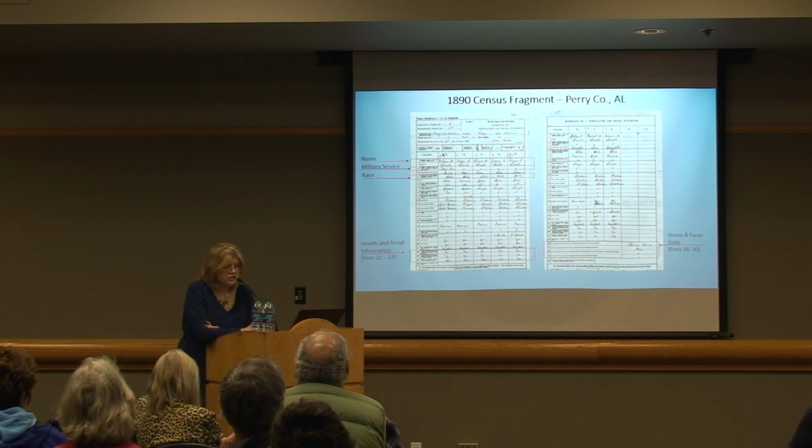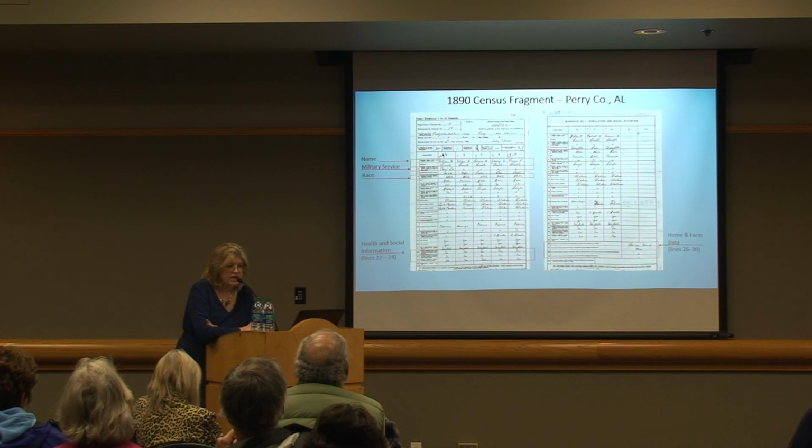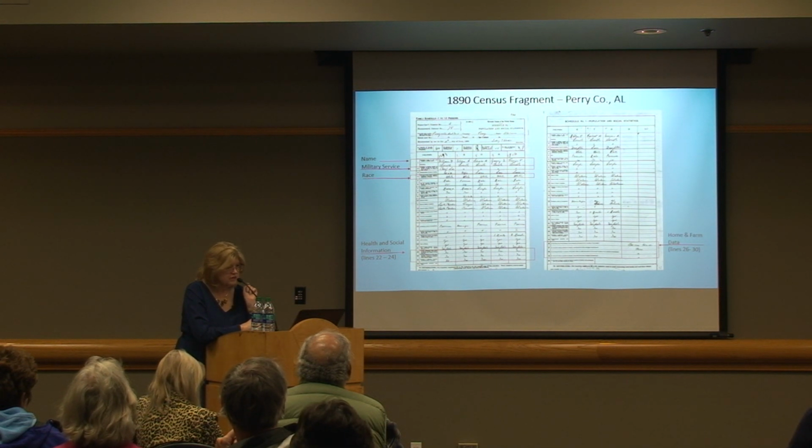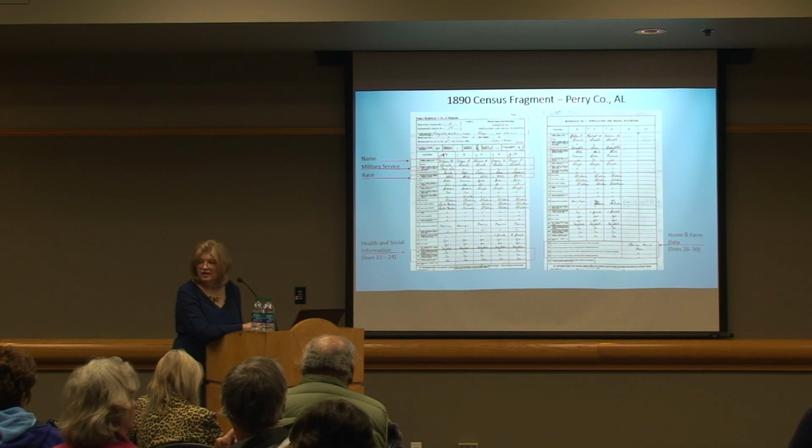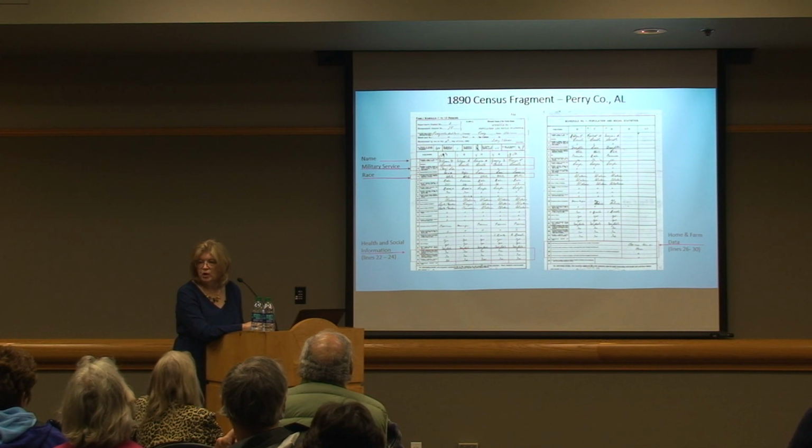In 1890, Congress directed the Commerce Department to make only the original copy. There were no extra copies made, and the original was supposed to be sent to Washington. And we know what happened with that. What was the rationale for that? To save money. Yeah.